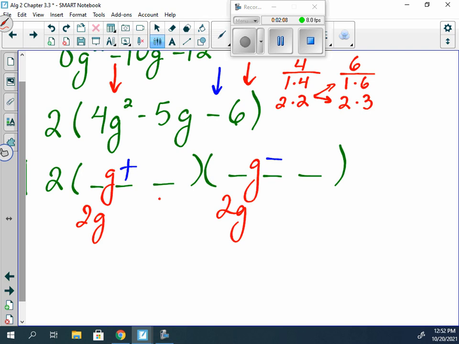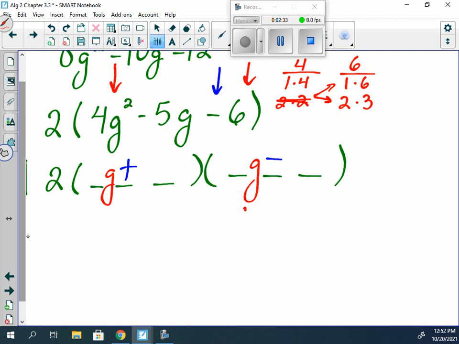Well, if I put 1 and 6, we'd have a common factor of 2. So that doesn't work. And even if I switch it, we'd still have a common factor of 2. 2 and 3 or 3 and 2, we would still have a common factor of 2. So that means 2 and 2 cannot be a possible setup if this is going to factor.